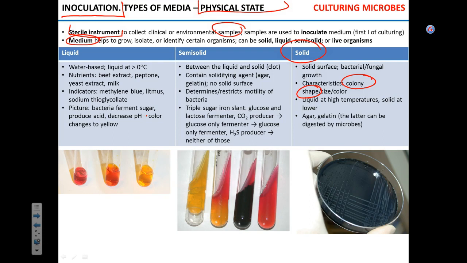Does that make sense? It allows you to isolate microorganisms because it allows them to grow in colonies. Agar is not really a suitable medium to accumulate large volumes of microorganisms because, come on, how many colonies are you going to grow? It's not a lot.